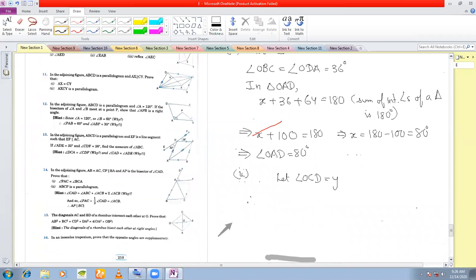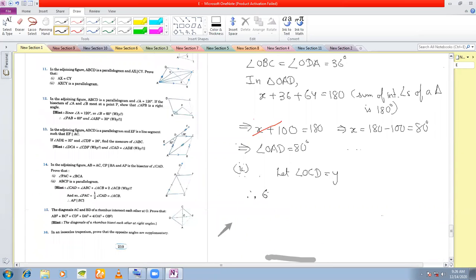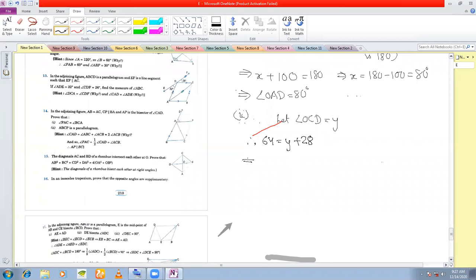Therefore, 64 is equal to y plus 28, and you can find out y from here. y is 64 minus 28, which is 36 degrees. That means angle OCD is equal to 36 degrees. That's it.